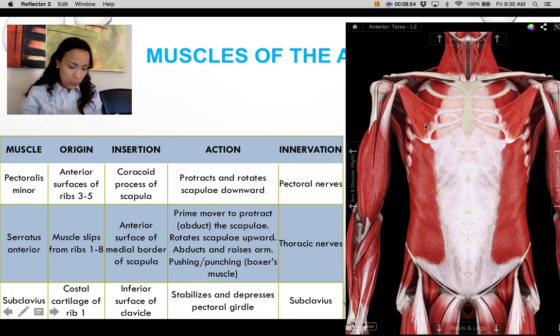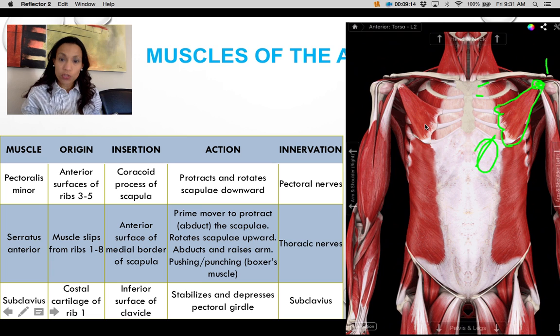This one originates on ribs 1 and 2, the third, the fourth, and the fifth rib, and from there it goes to the coracoid process of the scapula. This is the origin and this is the insertion.